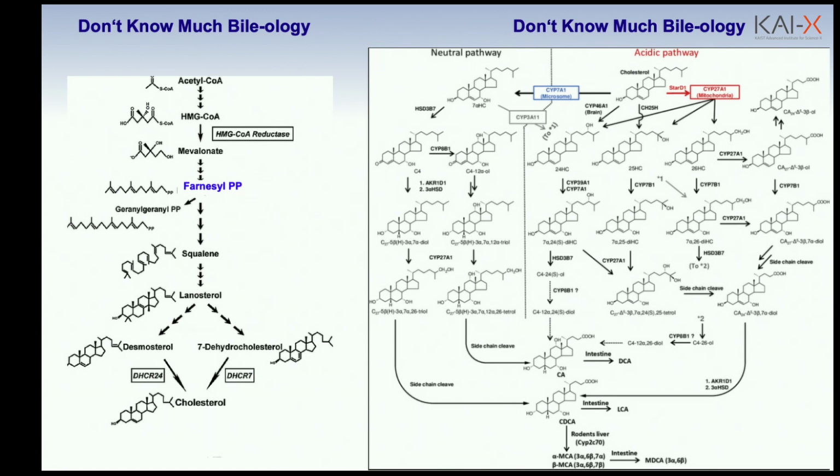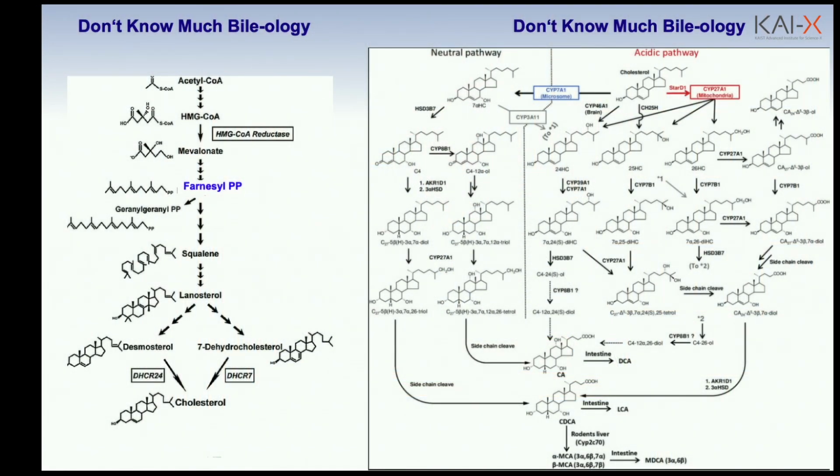It's called the farnesoid X receptor, and that's because farnesyl is one of the direct synthetic precursors to cholesterol. This is in the cholesterol synthetic pathway from mevalonate going forward. And it's also very similar to juvenile hormone, the molting hormone in flies. I should mention that the FXR receptor in humans is very closely related to the ecdysone receptor in insects.